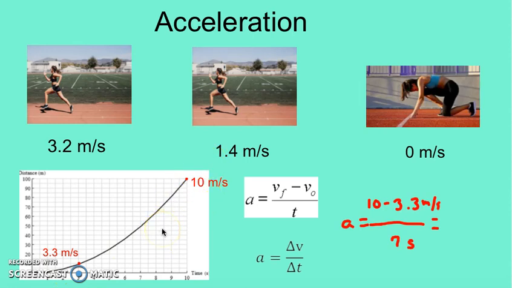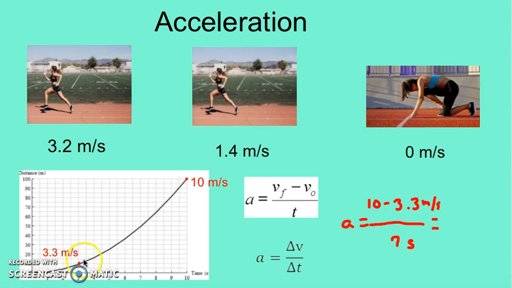But why don't we put a figure to that? Here I have the acceleration formula, and I have already put in some of the numbers. We had 10 meters per second, which was the final velocity at the end. The initial velocity, we'll just start right here since we picked a place on the graph. Yes, we could have picked another place.